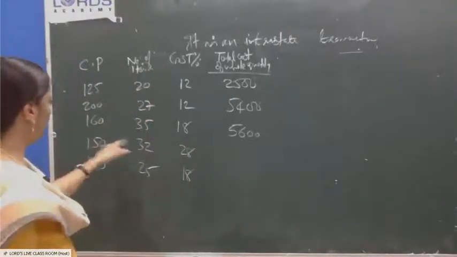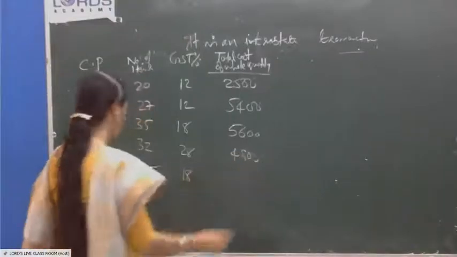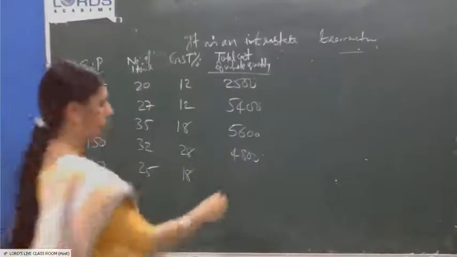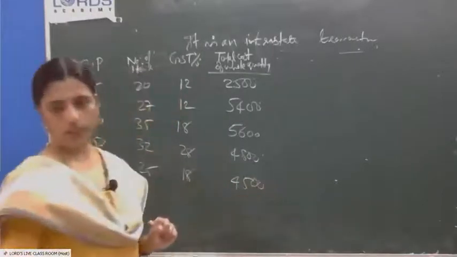Then 150 into 32, 4,800. Then 180 into 25, 4,500. Same happening.